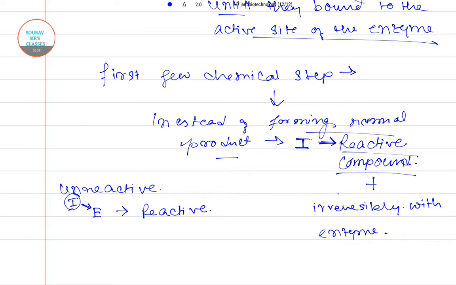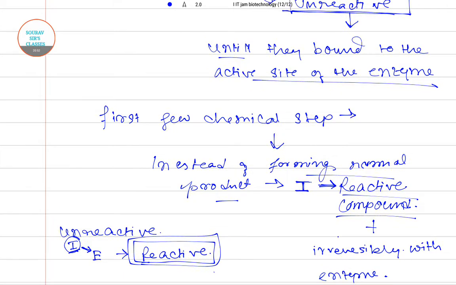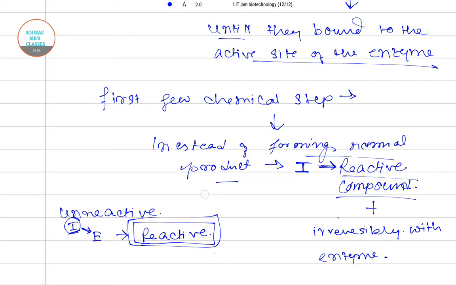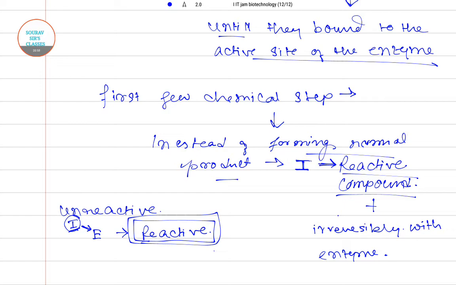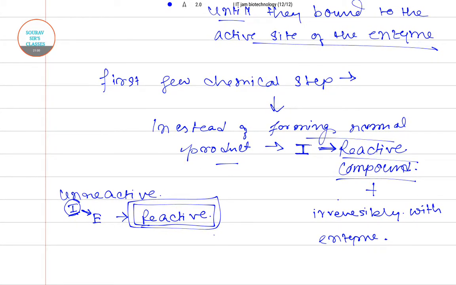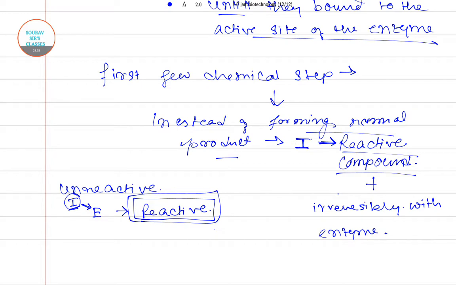These inhibitors become a reactive compound, and they form this irreversible compound. So there is no going back to the enzyme or the normal previous state. This is what we call suicide inhibitors, because they utilize the normal enzymatic reaction mechanism to inactivate the enzyme.